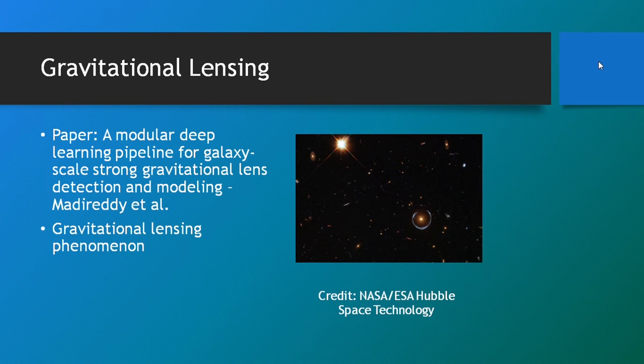The image on the right has been taken by the NASA ESA Hubble Space Telescope. Over here, towards the bottom right, you can see a reddish white circle along with a blue ring around it. This is a case of gravitational lensing.